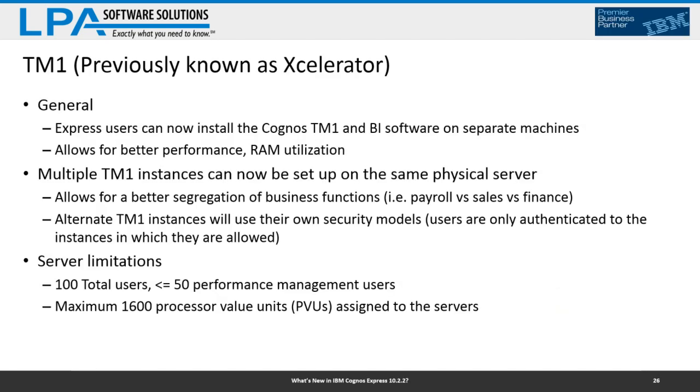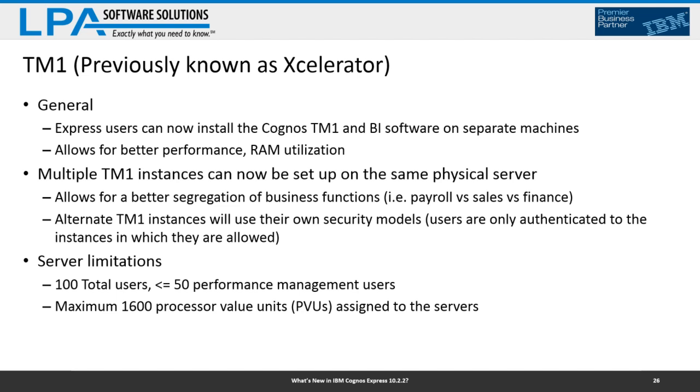Today we're going to be talking about TM1, formerly known as Xcelerator within Cognos Express, and the specifics about what's changed in 10.2.2. Specifically in general, there's a big change with how you can install Xcelerator or TM1 now. Whereas before, with the old versions of Express, you had to install all of the products on one physical machine.